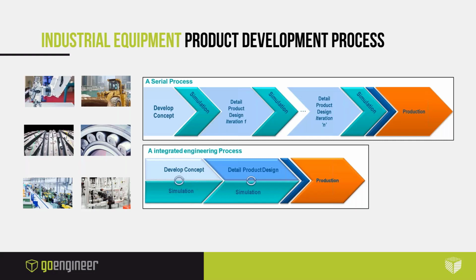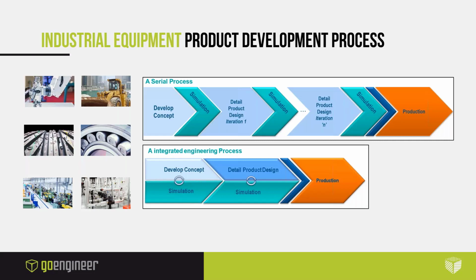But with some of the tools that we have available in SolidWorks and Dassault Systemes, we propose an integrated engineering process, which is popular amongst our customer base, where you can do the concept development and simulation simultaneously, because the tools are all integrated. So both in the conceptual phase and in the product design phase, you have access to these simulation tools that plug in, that enable you to reduce the number of prototypes and achieve a mature design much faster.